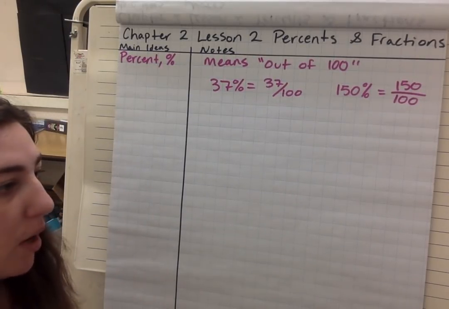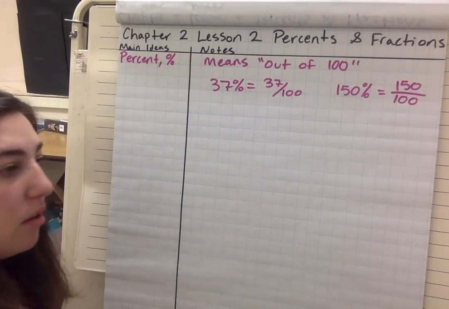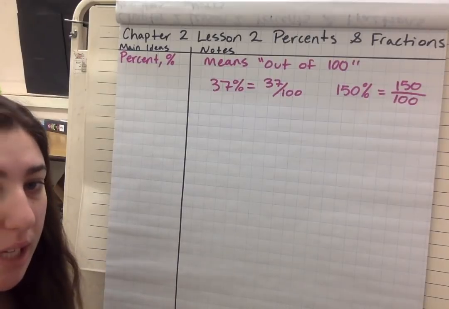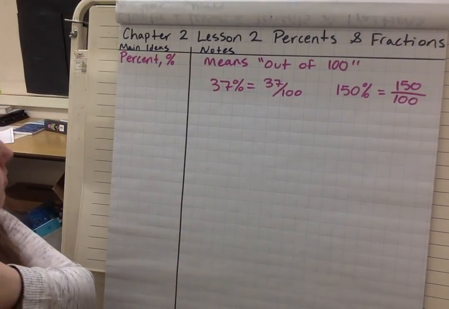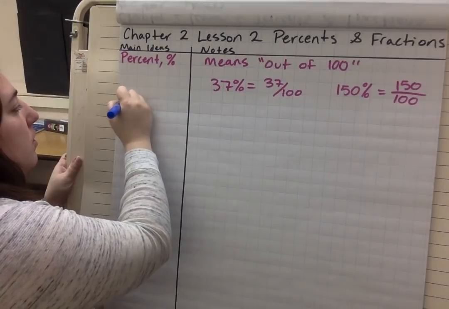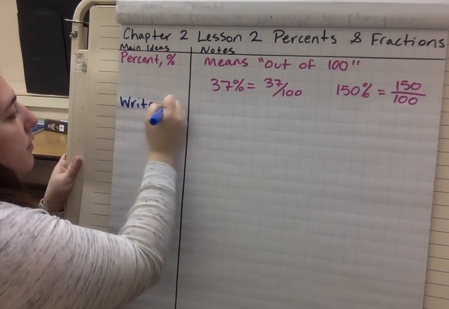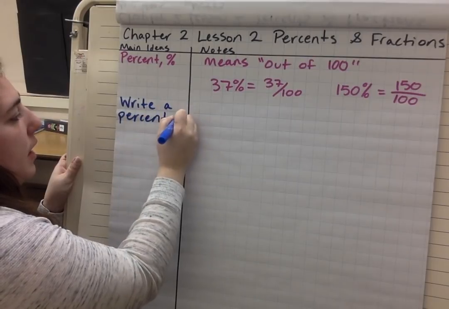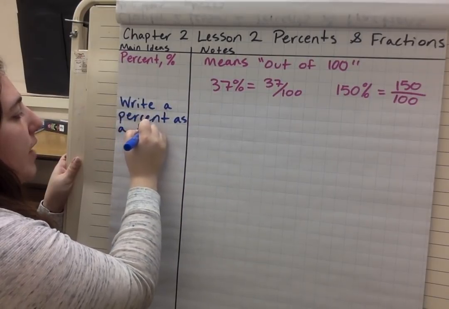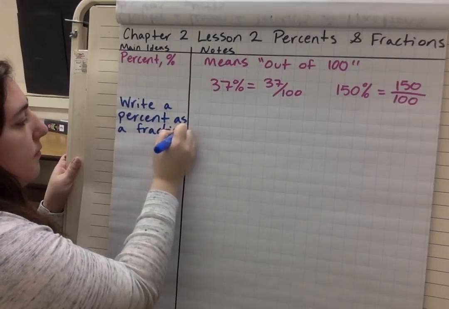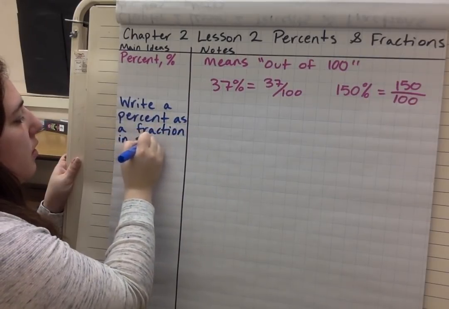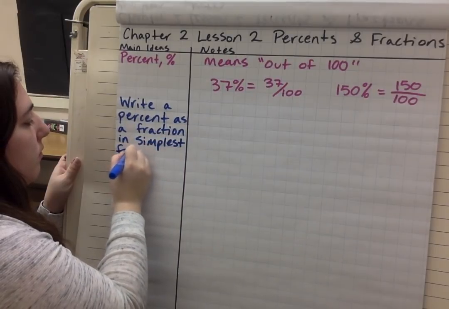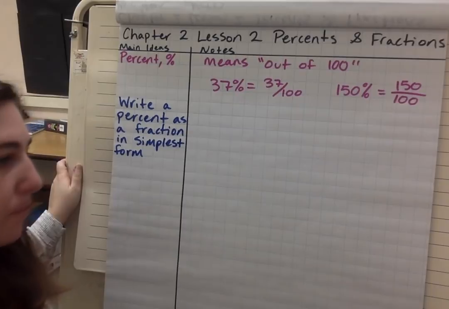Okay, so let's practice writing a percent as a fraction, but we need to remember to keep it in simplest form. So write a percent as a fraction in simplest form.